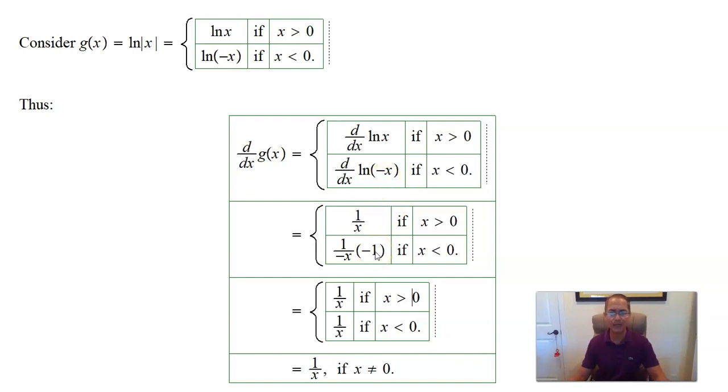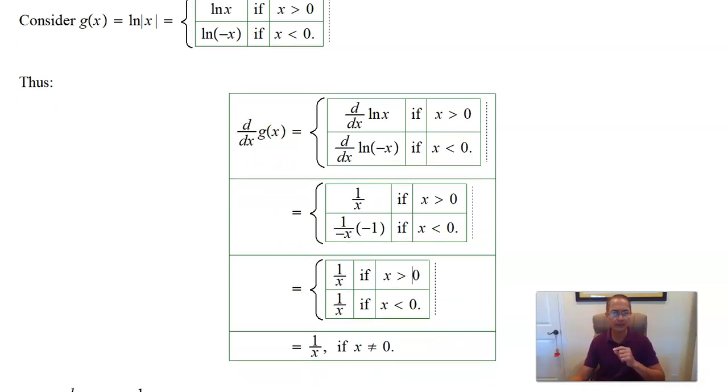And once again, remember what happened before, except there a had to be positive. Here we are allowing negative 1 because x is negative. So you cannot plug in x directly into ln, but you can plug in minus x. Again, the minus 1's cancel, and we get 1 over x, whether x is positive or negative. So in other words, the derivative of ln of the absolute value of x is always 1 over x, as long as x is not 0.